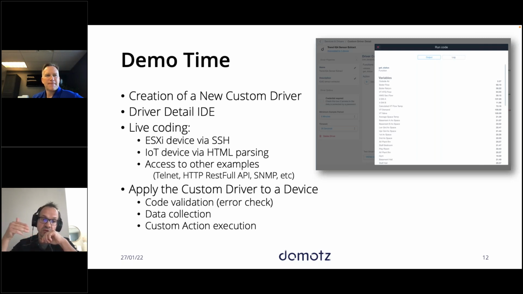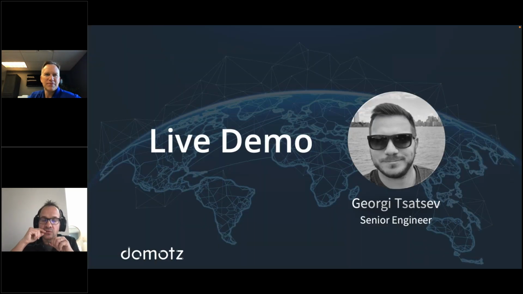As I was mentioning, you can do telnet to the device. You can do a RESTful API call through the means of HTTP against the device, and so on. And then we will see how to apply the driver to the device, doing the validation of the code, extracting information, and then at the end also the custom action execution. Now I will let Georgi present from this point on.